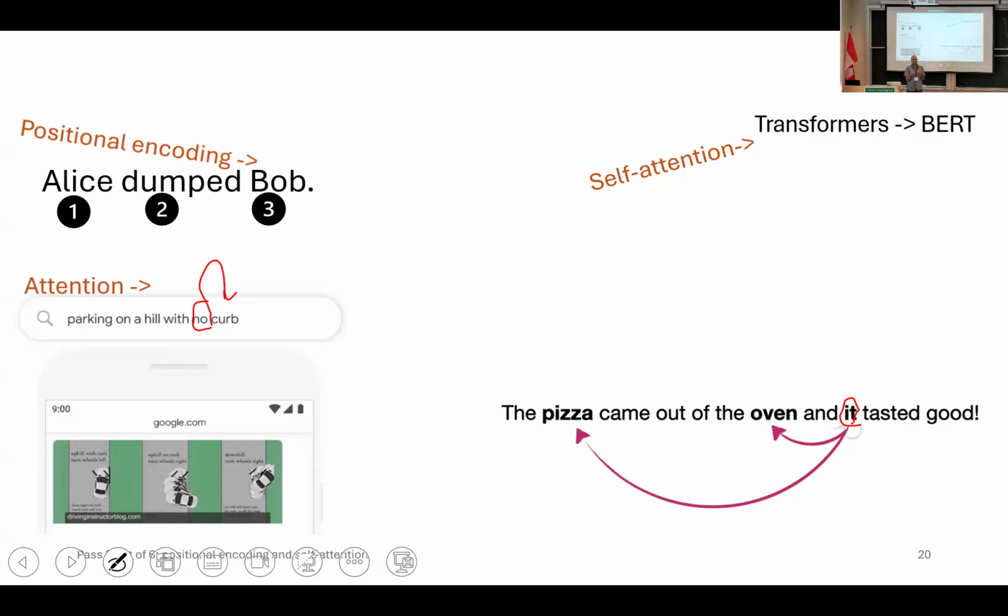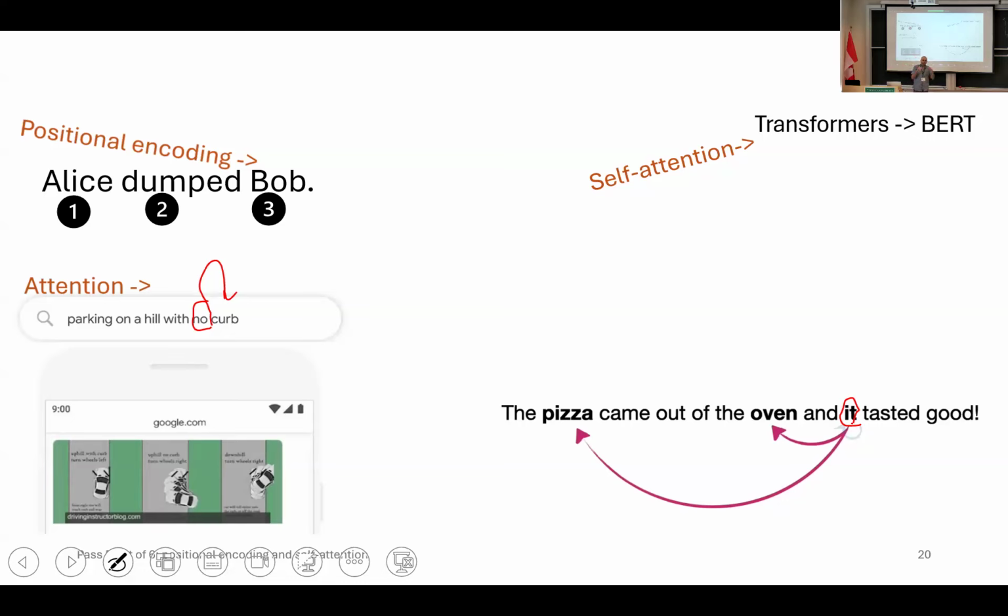When they are trained on large amounts of data, they see that there are so many sentences where pizza and tasted were together. So the co-occurrence of pizza and taste was a large number. But the same language model sees that there is no co-occurrence between oven and tasted. It doesn't make sense for an oven to taste good, right?